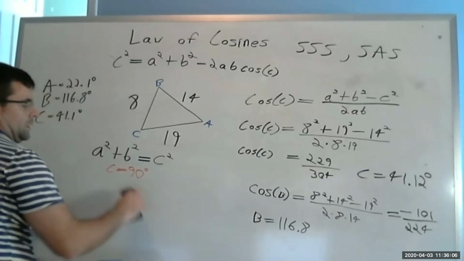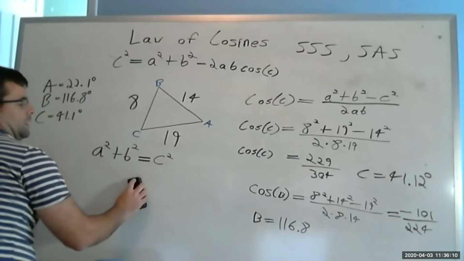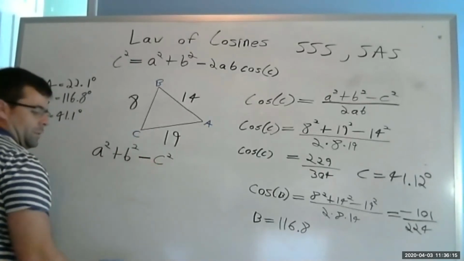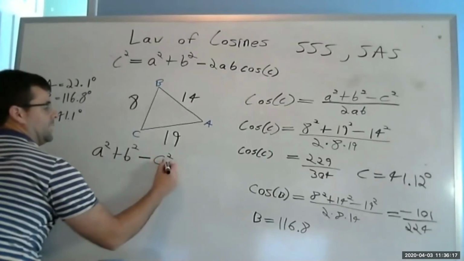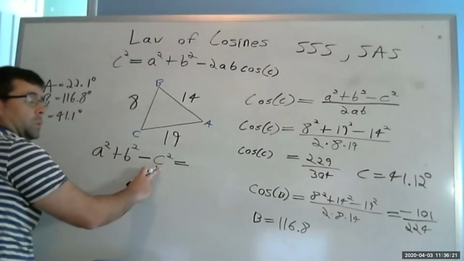But a squared plus b squared equals c squared. Subtract c squared from that side of the equation and put it on this side. So you get a squared plus b squared minus c squared equals what?